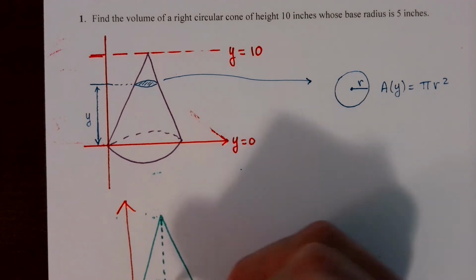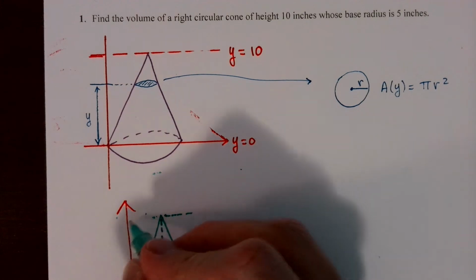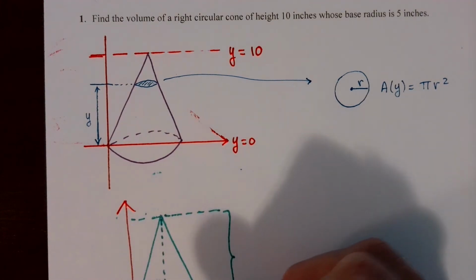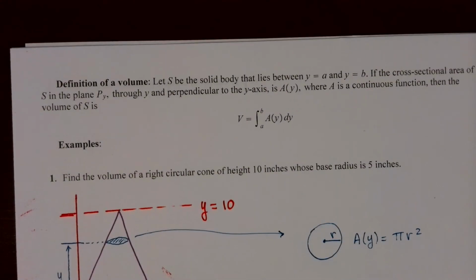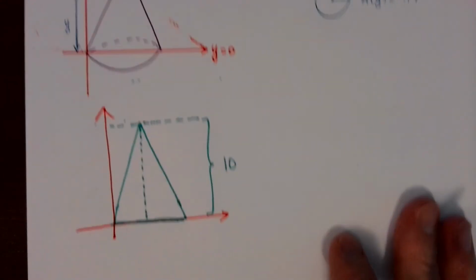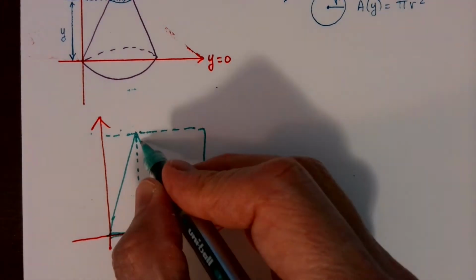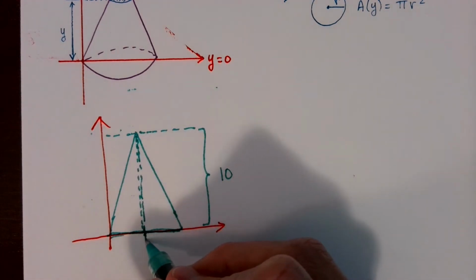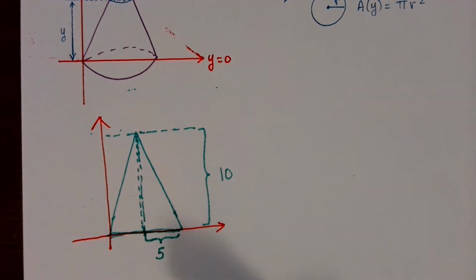We know that the height of this thing is 10 inches, right? And also we know that the base radius is 5 inches, so that's going to be important here. The base radius, so we've got a circle. If I drop the line perpendicular from the top and it hits the center of that circle, then this right here to here, that's our radius of 5 inches.